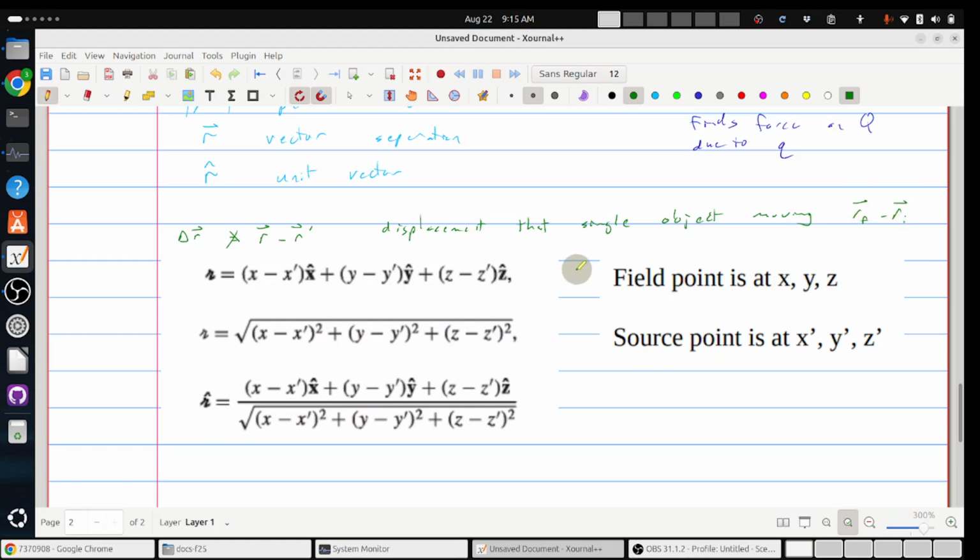So conceptually, displacement is that, but this is not delta r, it's our separation r. So displacement is a single object that moves. Separation is two objects at different locations.